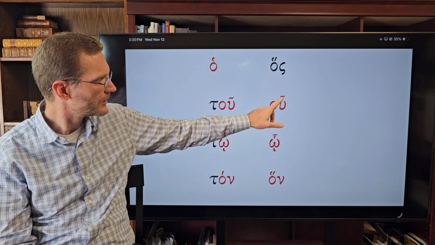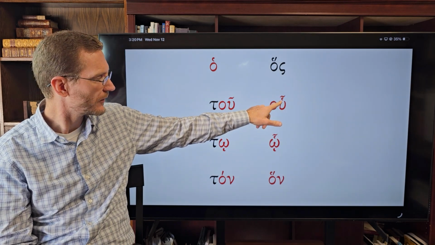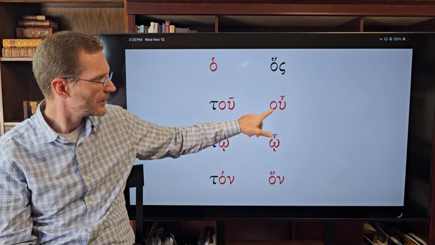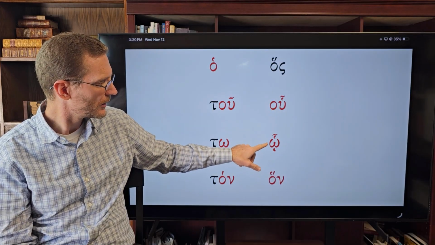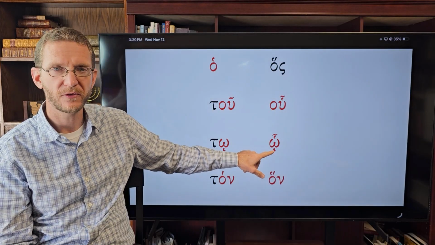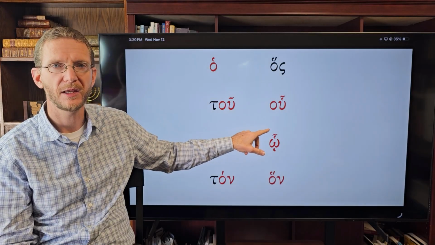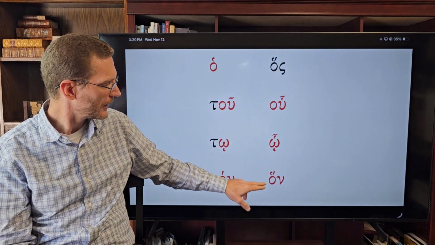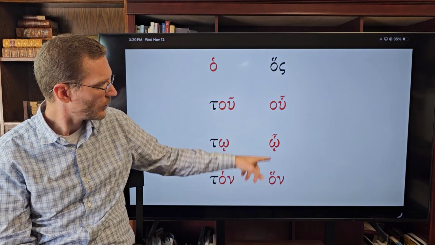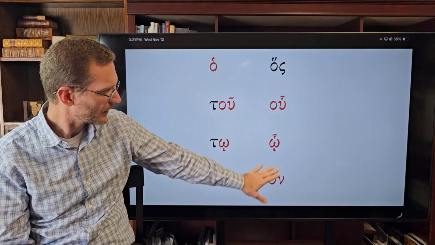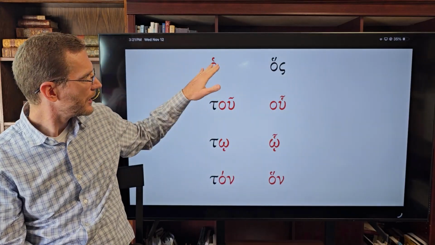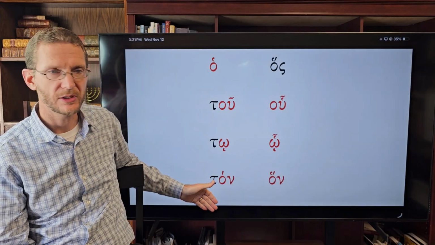Who, you can tell, is a relative pronoun as it has the rough breathing mark plus another accent. Who, so that's a masculine singular genitive. Ho, with the iota subscript for dative, is also a relative pronoun. And then han, the accusative. So this is a comparison between the relative pronoun, masculine singular, and the definite article, masculine singular.